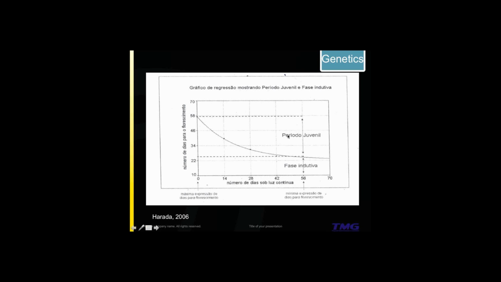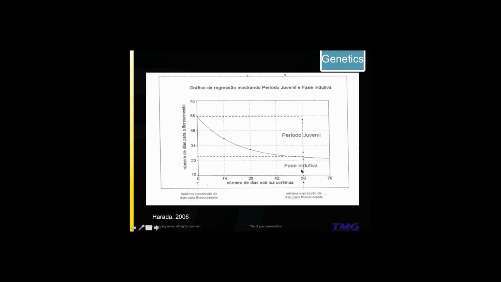And essentially what he did was grow soybeans during the winter in the greenhouse. And so he would supplement the light, and that was continuous light. That's an important point. I see that Dr. Kober worked with several different photoperiods there. But this work was done under continuous light for either 0, 14, 28, 42, or 56 days.